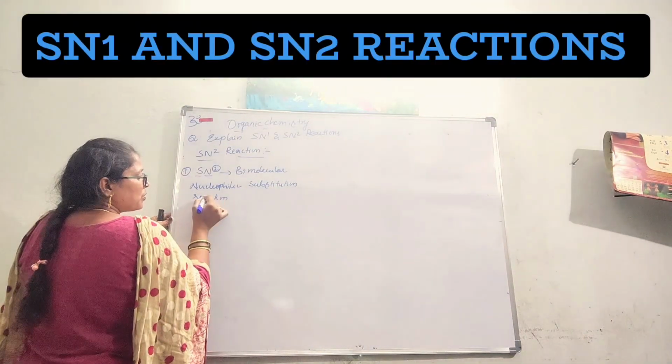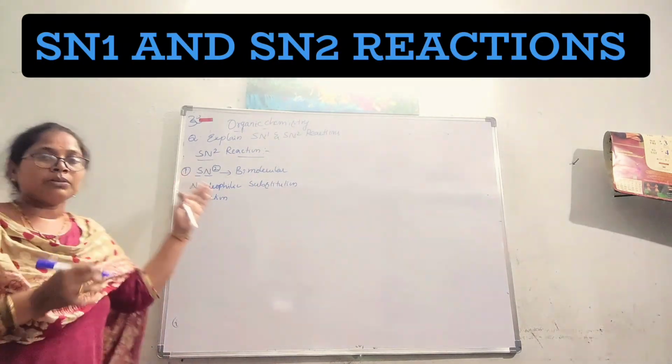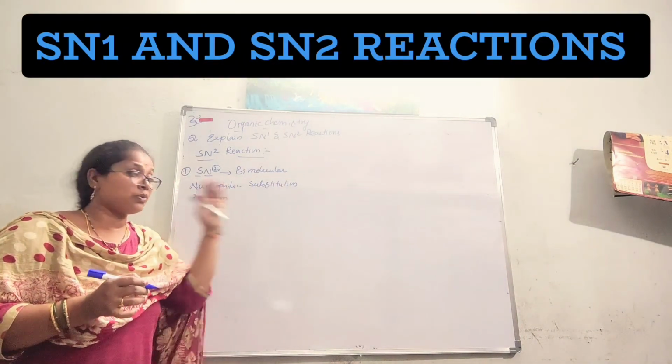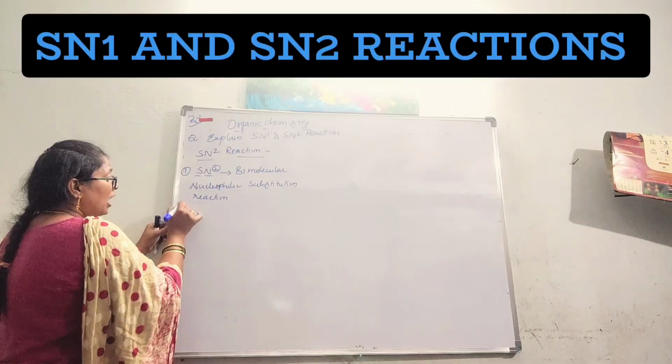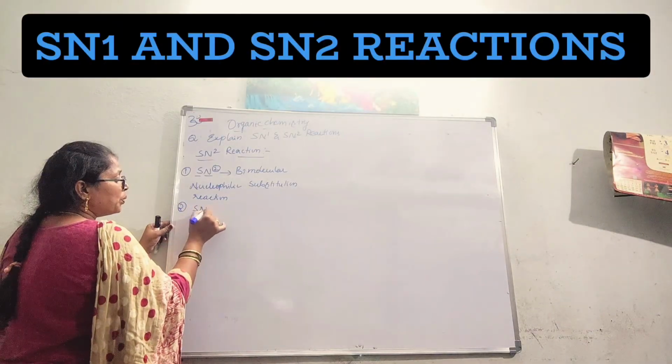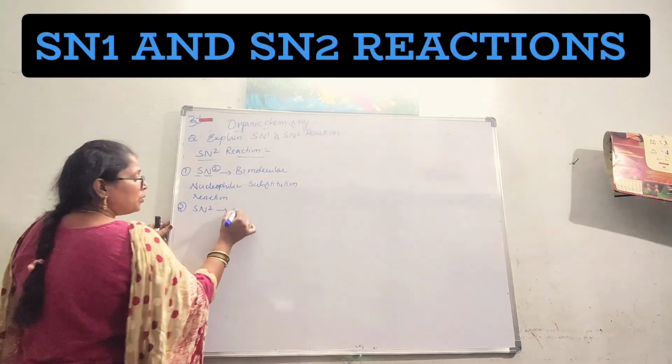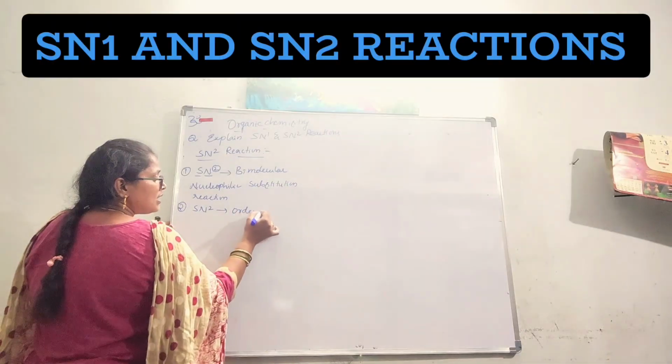Whereas SN1 means unimolecular nucleophilic substitution reactions. And here, what is the order of SN2? The order of SN2 reactions is 2.